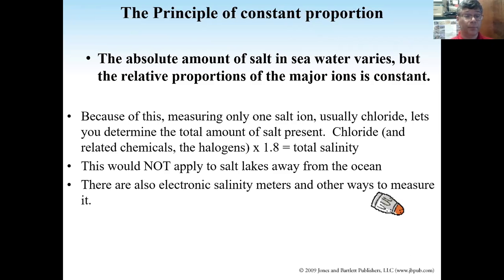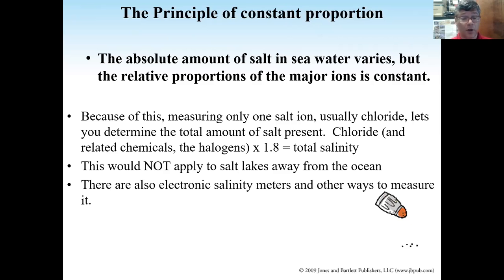This means, among other things, that if you want to know how salty the ocean is, you can just measure one of the ions. It turns out chloride works well, as do bromide and iodide, but there aren't too much of those. That will tell you the salinity. Just measure chloride times 1.8, and you've got your salinity for the ocean.